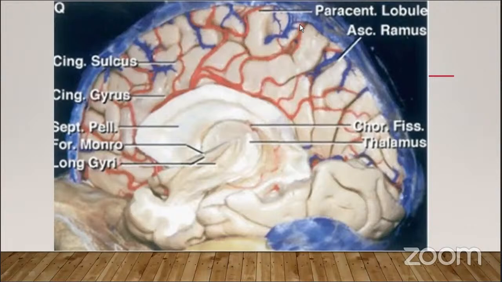This portion of the central sulcus can be traced straight to the corpus callosum, and this will actually mark the boundary between the frontal lobe anteriorly and the parietal lobe posteriorly. So just anterior to this point, all this part is the frontal lobe. So we have a part of the superior frontal gyrus, part of the cingulate gyrus, and then a part of the corpus callosum that is coming within the frontal lobe itself.